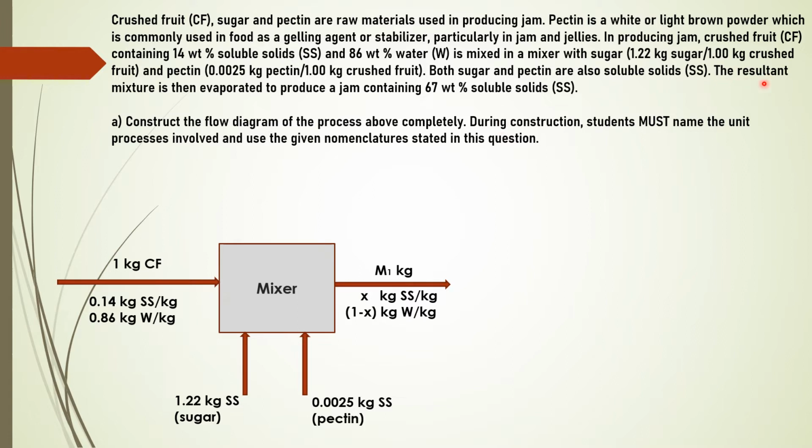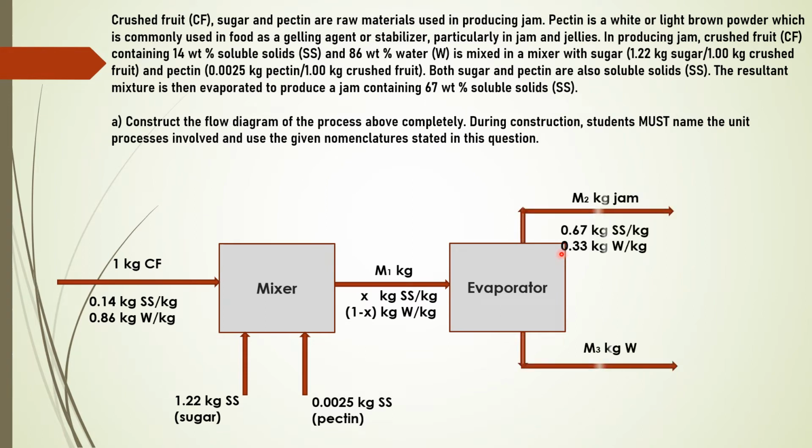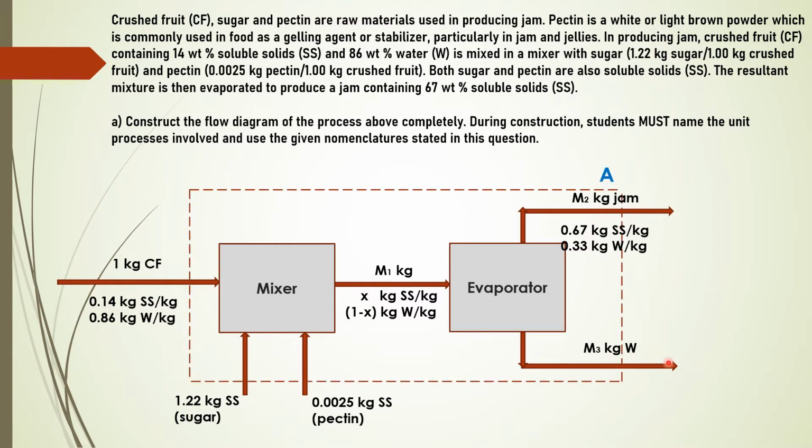From these sentences, the resultant mixture is then evaporated to produce a jam containing 67 weight percent soluble solids. We can know that the next process is an evaporator, with two outputs: M2 kg jam, which is 67% soluble solids and the rest is water, and another output, M3 kg of water.